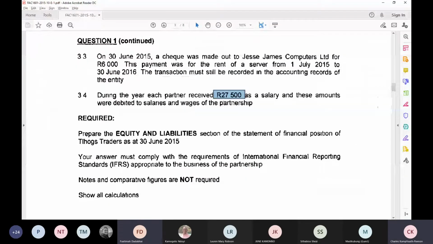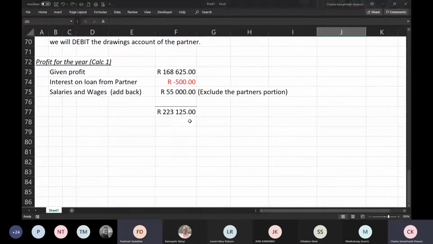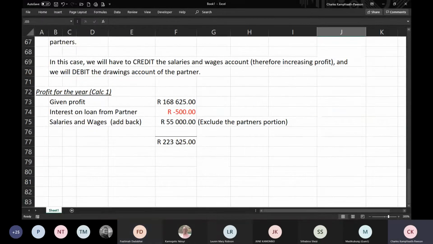It is the 27,500 times 2. Because it's during the year, each partner received 27,500. There are 2 partners, so it's 2 partners times 27,500. Okay, thank you. Okay, so we've added that.